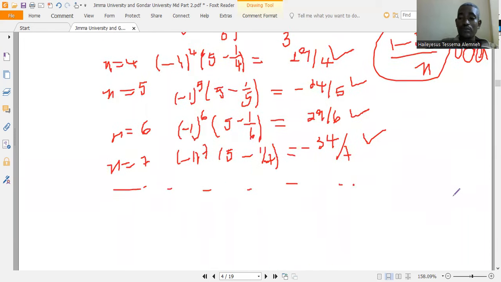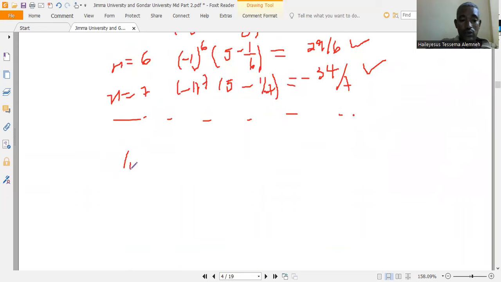Now, as n goes to infinity, what happens to (5n minus 1) over n?